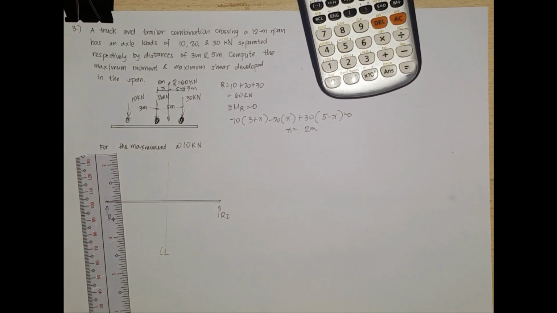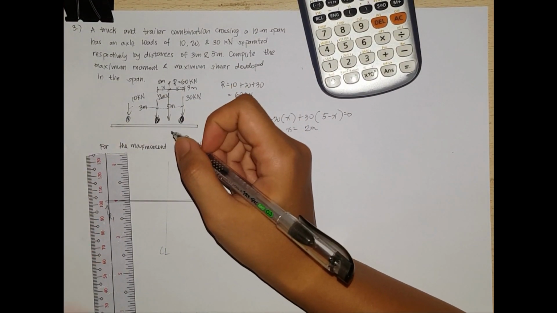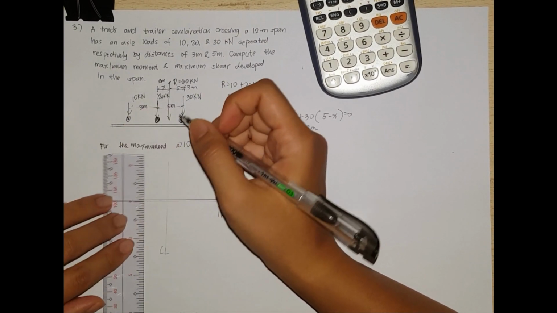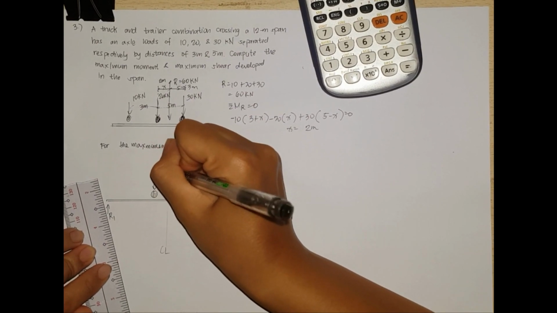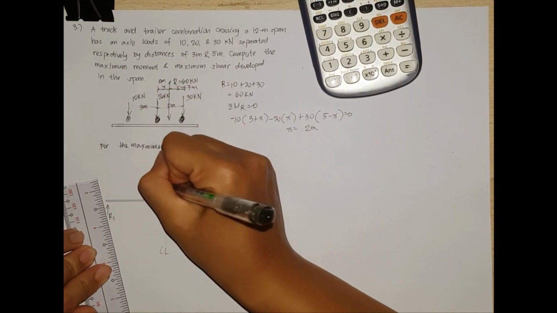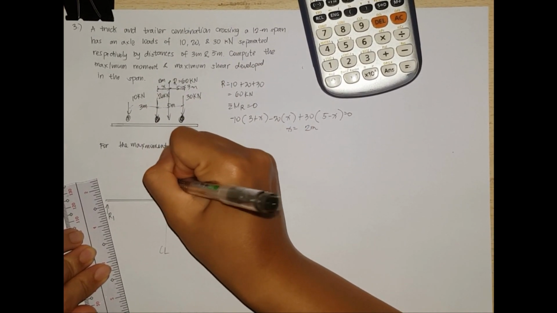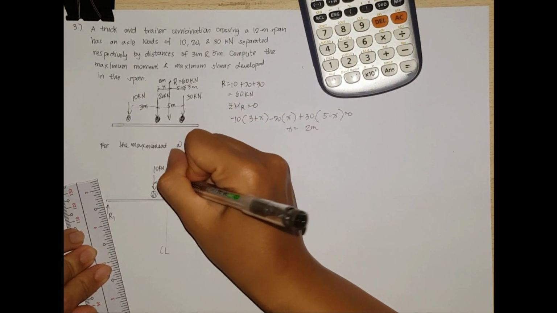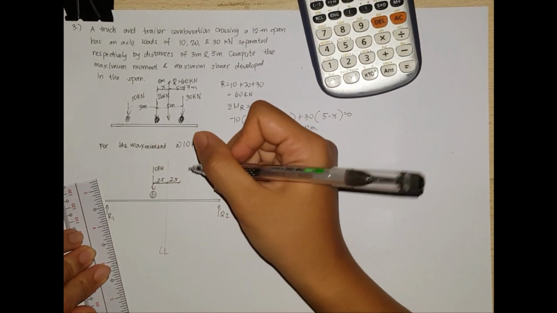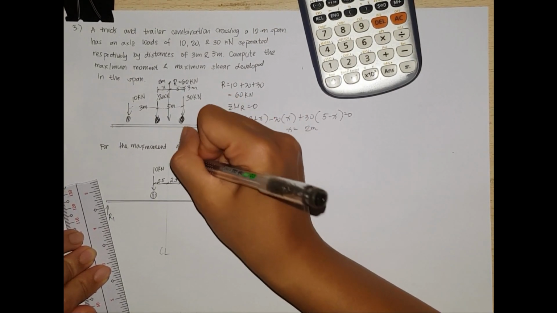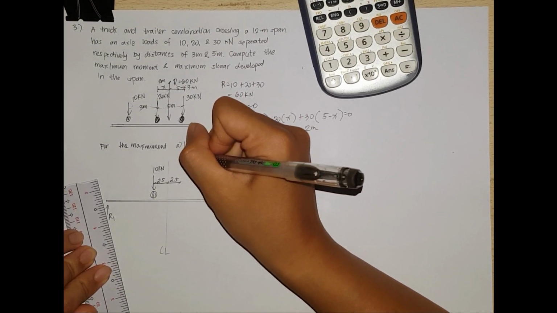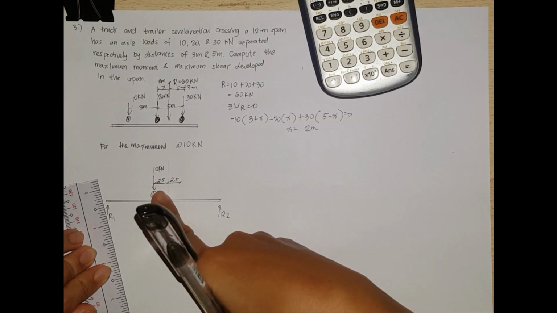Yung 10 kilonewton muna yung unahin natin. Yung span niya is 5 meters, so it is located 2.5 meters from the center line. And then, another 2.5 para sa ating resultant.